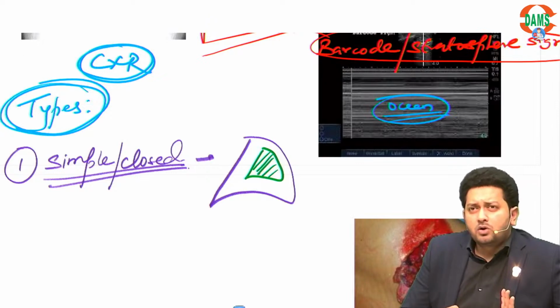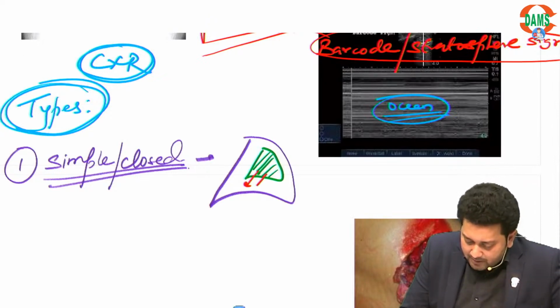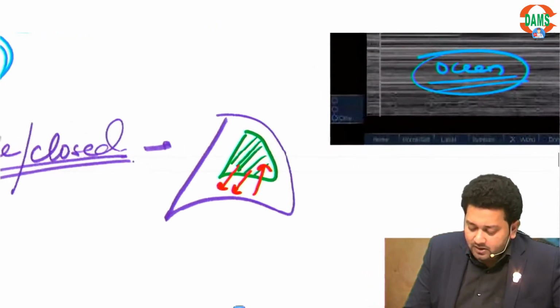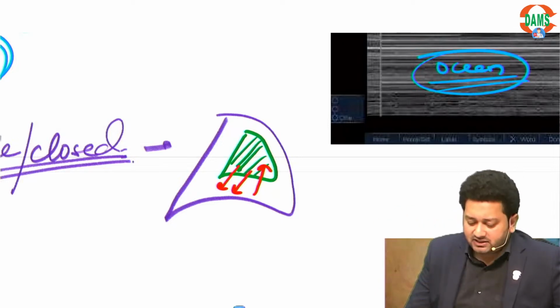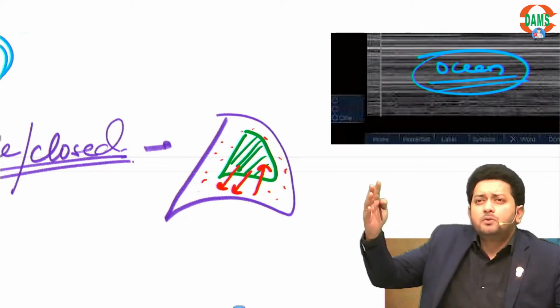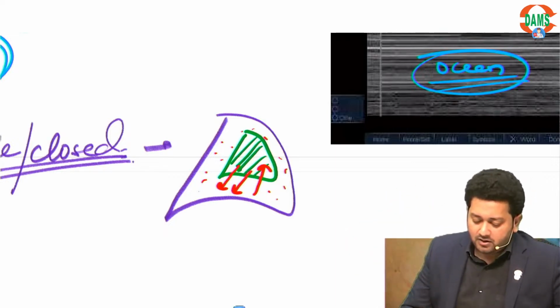In simple or closed, the air is going into the pleural cavity from the lung, but some amount of air is going back also. So there is bidirectional flow of air. There is accumulation of air in the pleural cavity, but the air is going in both directions. It is coming into the pleural cavity, and it is going out of the pleural cavity also.